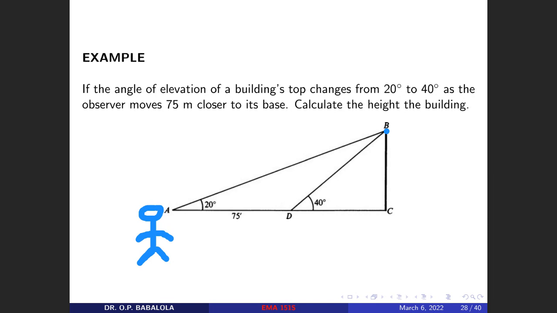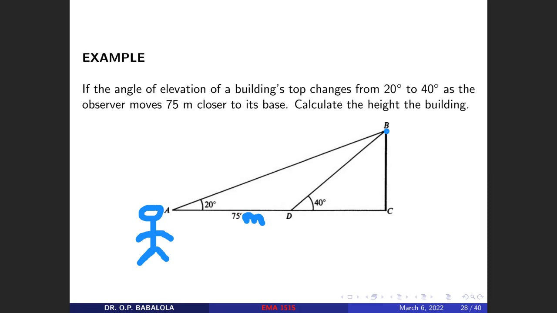And then you are 75 meters away from the bottom of the mountain or the building.